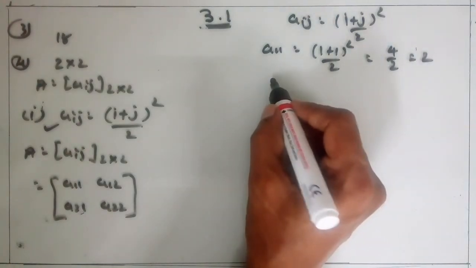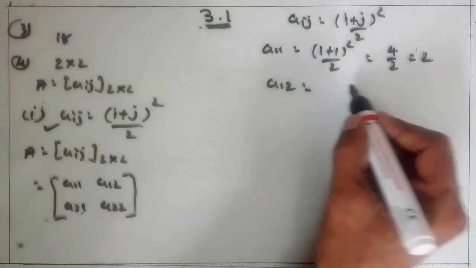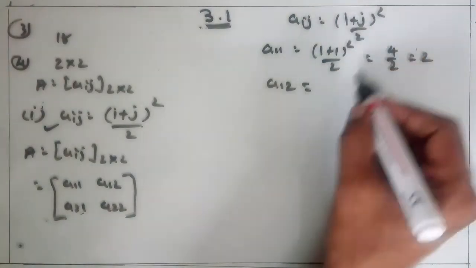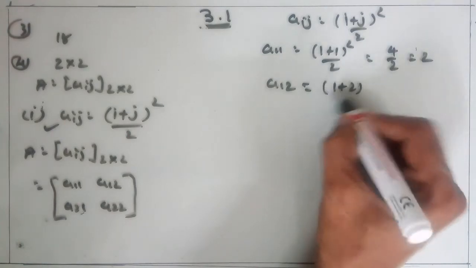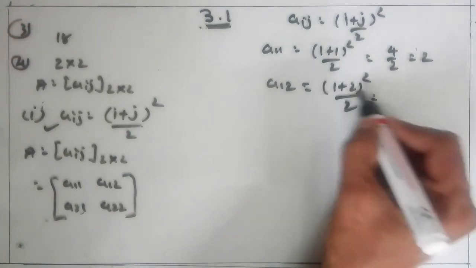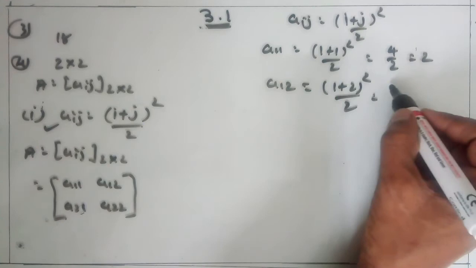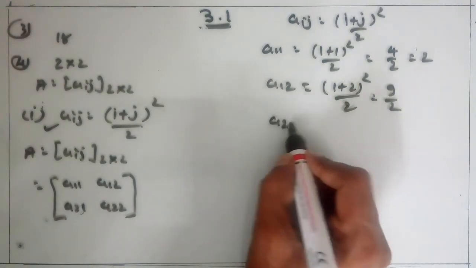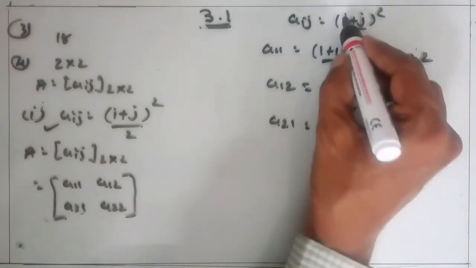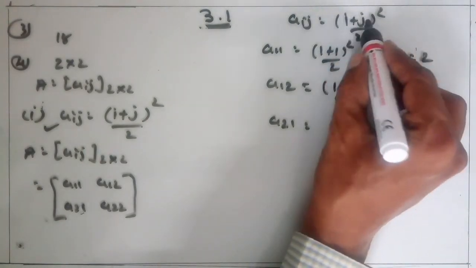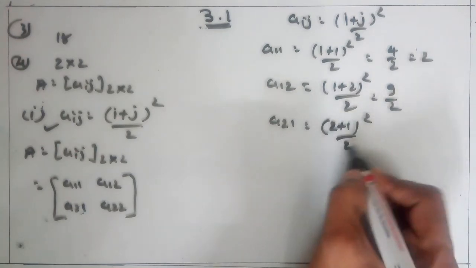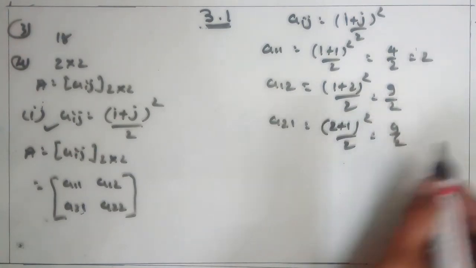Now get the second entry A12, replacing i by 1 and j by 2: (1 plus 2) raised to 2 upon 2 is equal to 3 square, 3 square is 9 by 2. Now A21, same, replace i by 2 and j by 1: (2 plus 1) raised to 2 upon 2 is equal to 9 by 2.